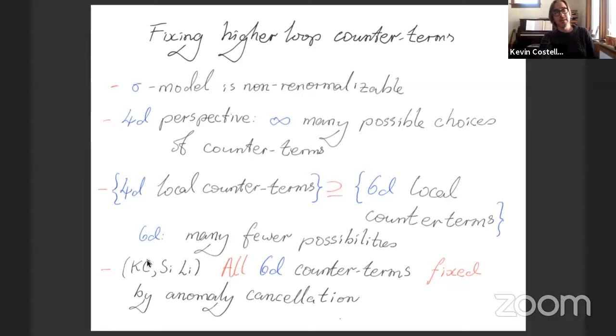In this general story, there's some cohomological cancellation, which means the 6D counterterms are just fixed by anomaly cancellation. This is probably too ambitious, but one could fantasize that in 4D, the counterterms are fixed by the requirement that the RG flow is periodic, because if you add on a random counterterm, that will spoil that property. That certainly constrains it. If you were hopeful, that might constrain it very strongly, but I don't know that.